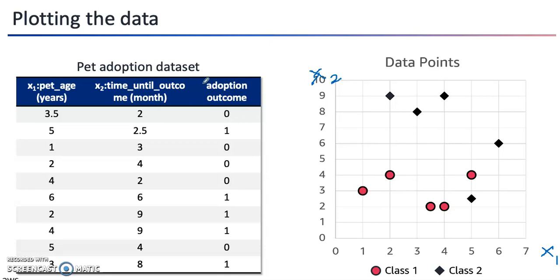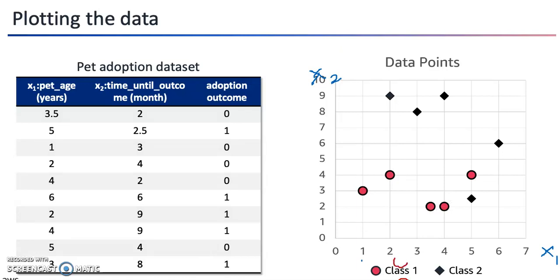Because the categorical variable has been encoded already into either zeros or ones, that is displayed here in terms of a shape and a color. So here we see the data points represented with circles in color red.